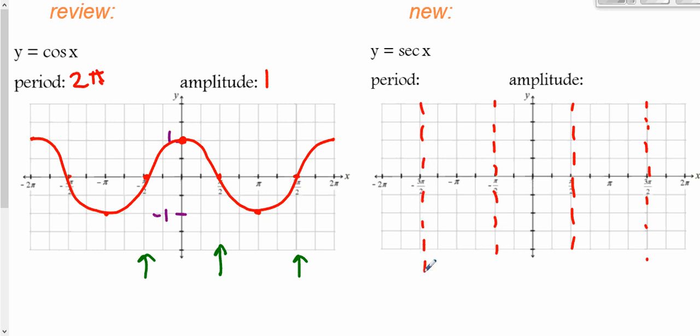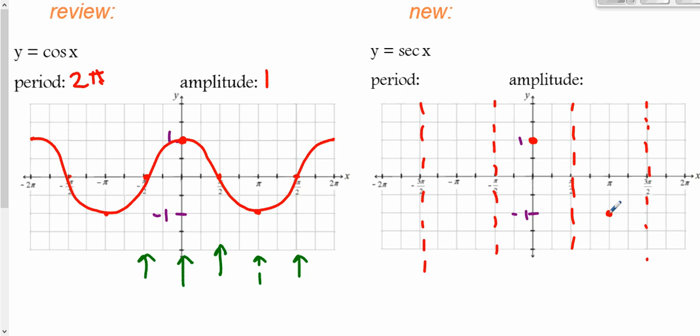And what's going to happen in between? At x equals 0, cosine is at a height of 1. The reciprocal of 1 is 1, so secant is also at a height of 1. When cosine is at x equals pi, it's at a height of negative 1. The reciprocal of negative 1 is negative 1.